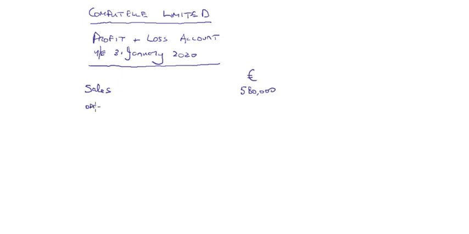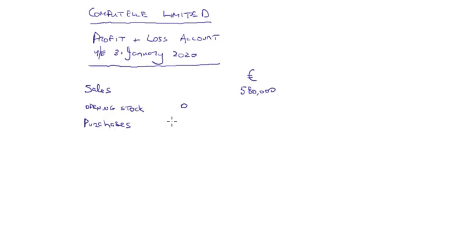So we've got the opening stock, the cost of the opening stock that we had at the beginning, and of course, because it's a brand new business, the opening stock was 0, and there were some purchases during the year, purchases of stock. And again, is the purchases figure what we bought, what we received invoices for, and what we actually bought on credit, or is it what we paid for these purchases?